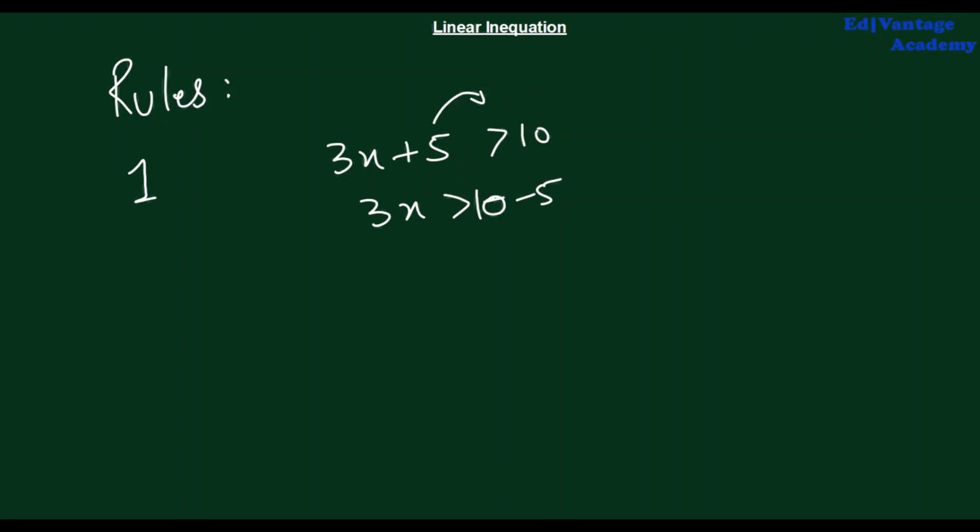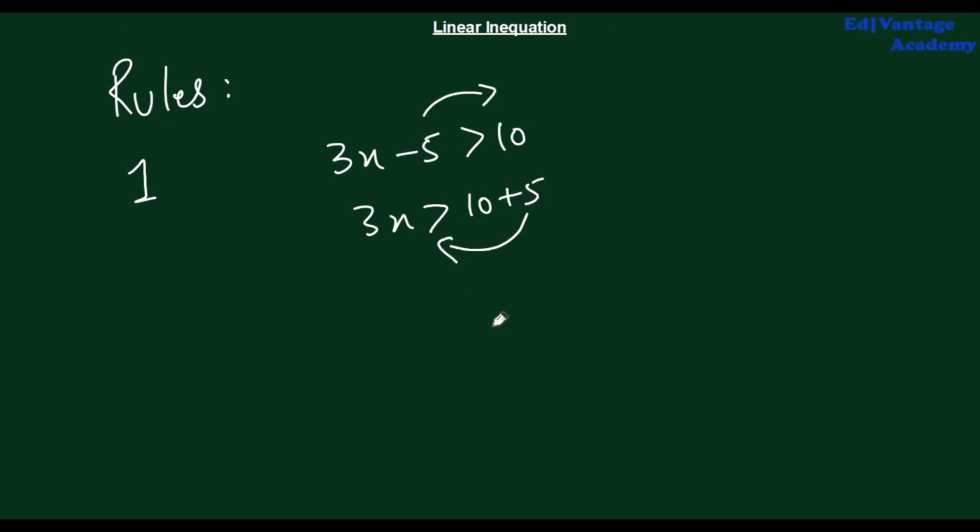That is the first one. The second one is on transferring a negative number to the other side. We know it will become positive, right? If it is subtraction, it goes to the other side, it becomes addition. If it is addition, it goes to the other side, jumps over the inequation sign, it becomes negative.